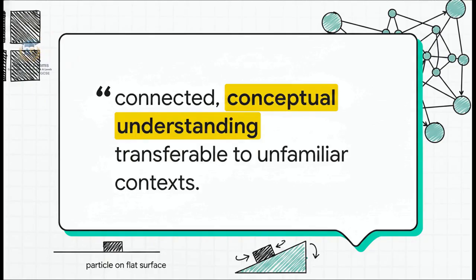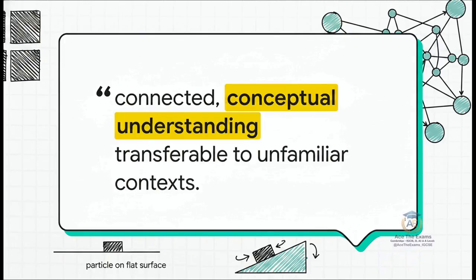This right here is the fundamental difference between a junior employee and a senior executive. A junior employee like Alex just memorizes the 4 basic SUVAT formulas and hopes for a textbook scenario. But an executive-level candidate, they understand the why behind those formulas. They possess this connected conceptual understanding that allows them to pivot immediately when the client suddenly changes the scenario.